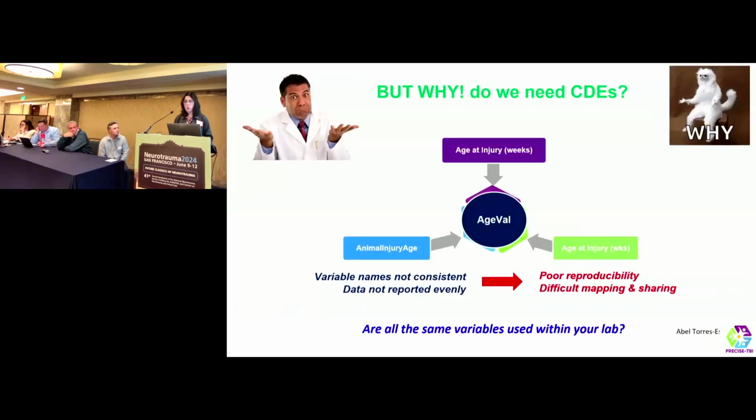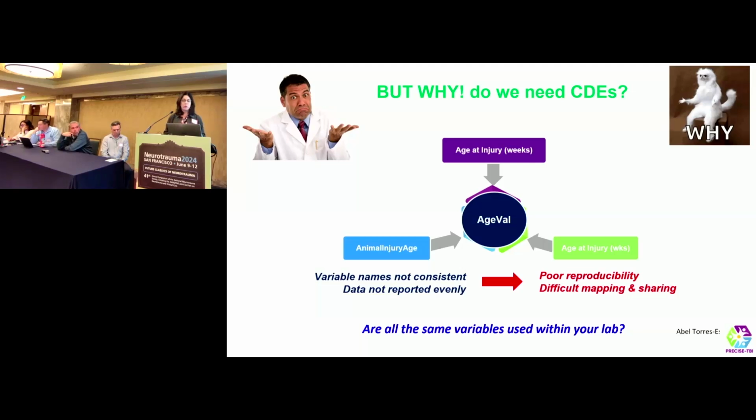So why do we need this? This is probably going to sound familiar even within your own lab, never mind sharing between labs. Just take age. This is based on some data mapping that Abel Torres Espin did, where he looked at data sets, and these are some examples of how people put age into their records.